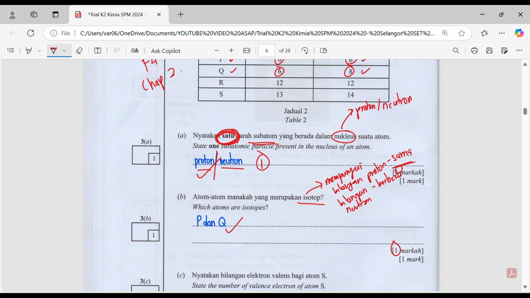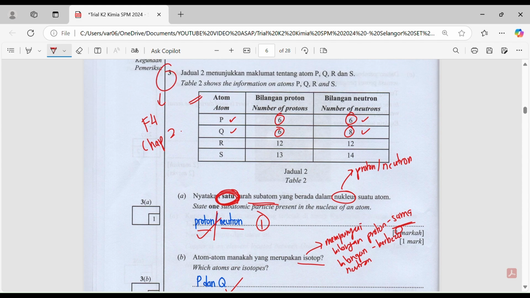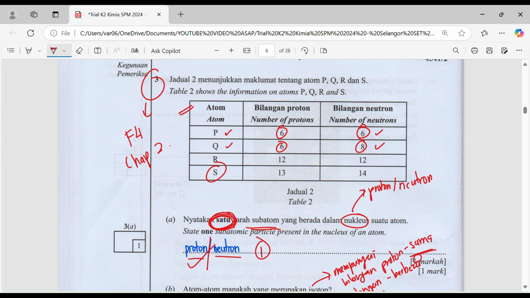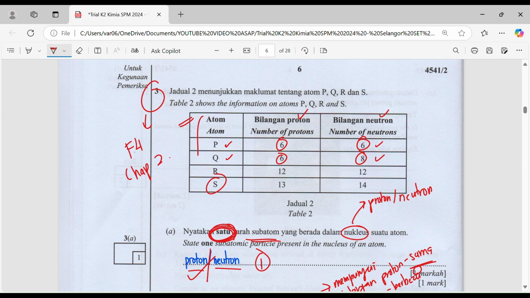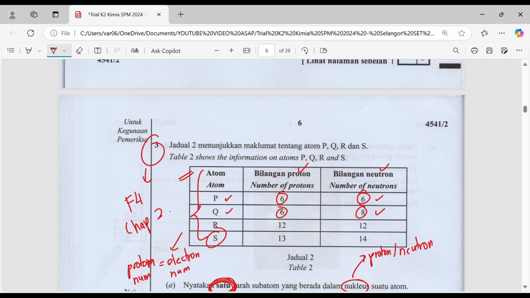Next, nyatakan bilangan elektron valence bagi atom S. We have atom S here. Alright, in this case, they only give you proton and neutron. They never give you electron. Remember, for an atom, right, the proton number and the electron numbers are the same, unless it is an ion.